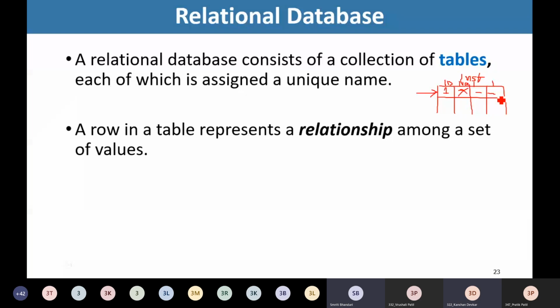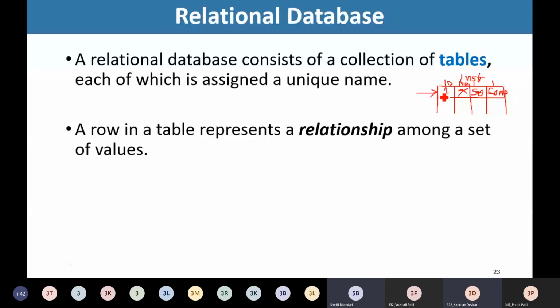So whenever we are referring to a row in a table, this row represents a relationship among the set of attributes, meaning whenever I look at the values in a particular row, I can interpret that, say, ID 1 is meant for instructor X. This instructor has some salary, say 50,000, and belongs to, say, the computer science department.